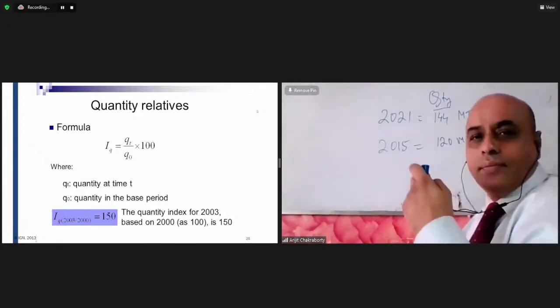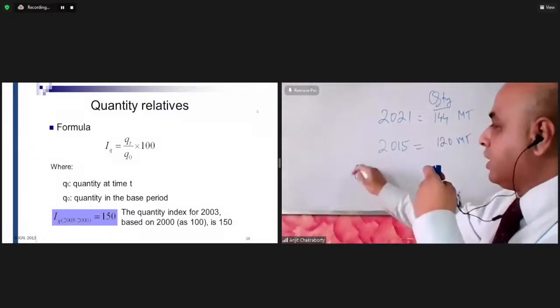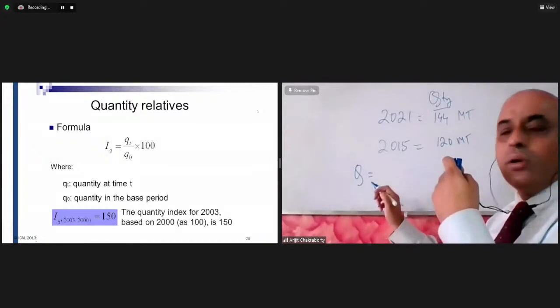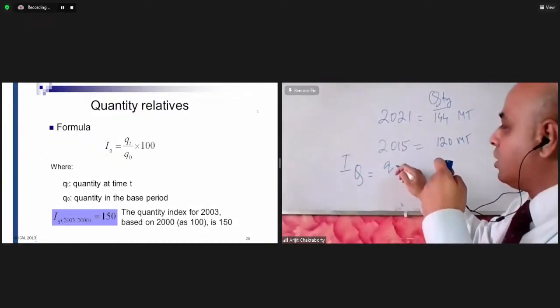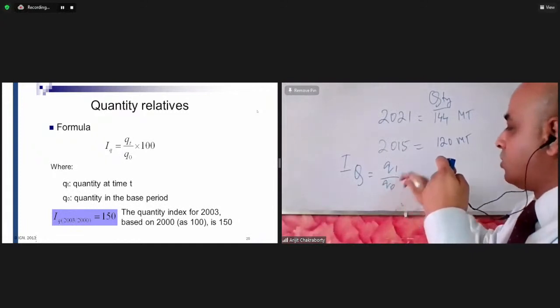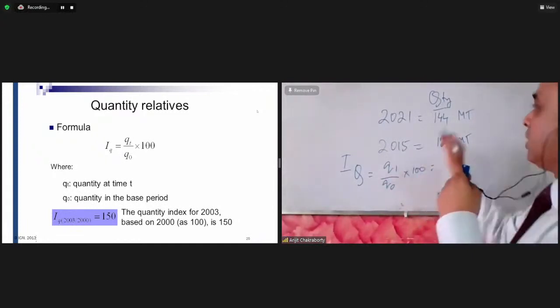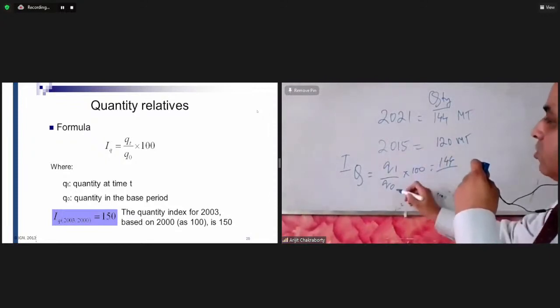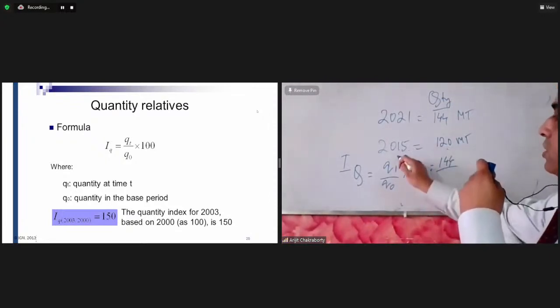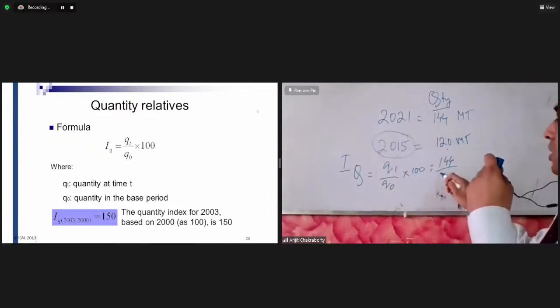So what is the quantity index? The quantity index, IQ, is equal to Q1 by Q0 into 100. So Q1 is 144, and Q0 is the quantity in the base year, 2015, so divided by 120 into 100.